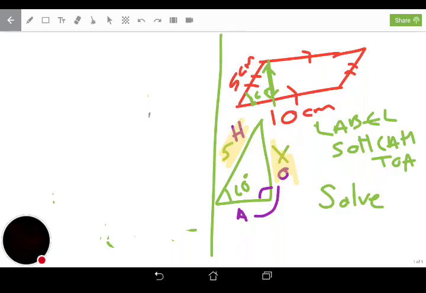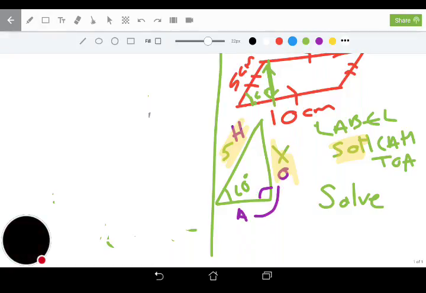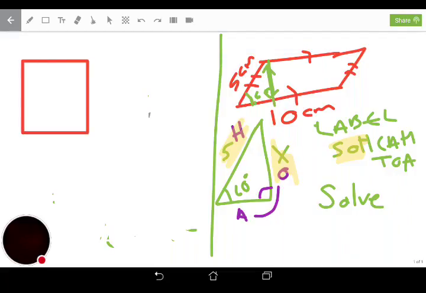I'm then left with an H and an O. So if I was looking at SOH CAH TOA now, I'm going to look for which one of these three, SOH, CAH or TOA, has an O and an H in. If I look here, SOH has an O and an H. So because it has an O and an H, I'm going to use the sine. I'm going to use sine to solve that.